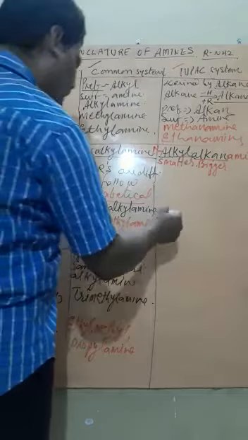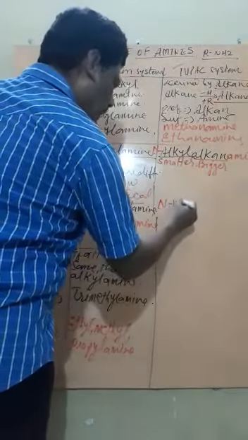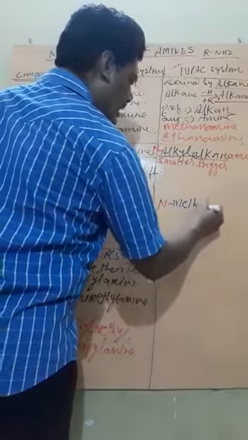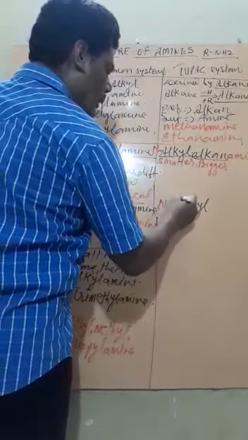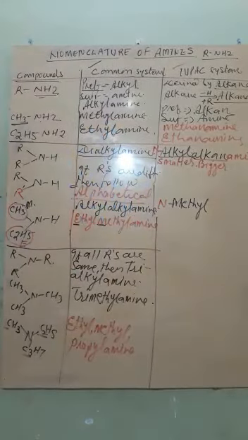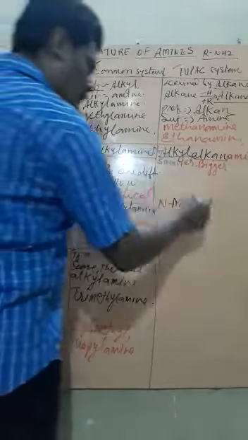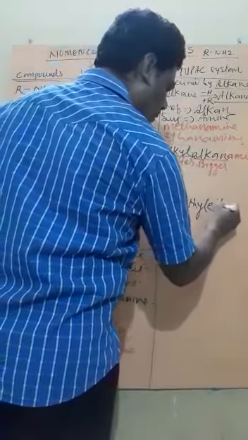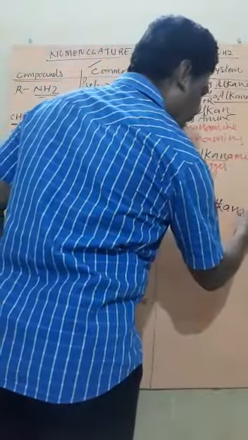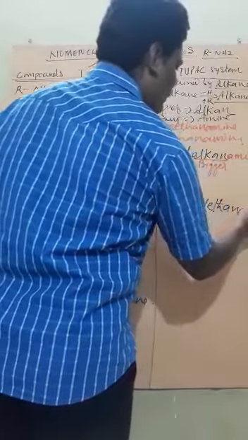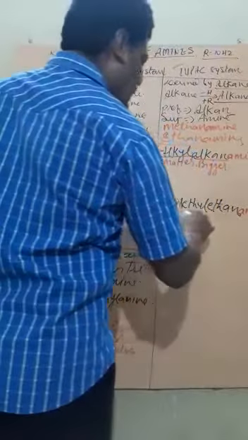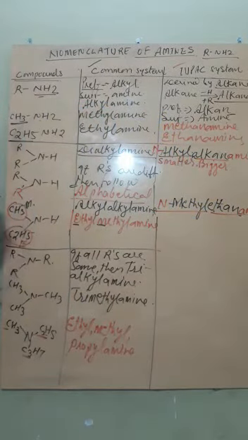We write N-methyl, because this is smaller in size. Here there is no alphabetical order; size plays the important role. The big one is C2, therefore that becomes ethane, E is removed and amine is added. So it becomes N-methylethanamine. This is the name of that compound.